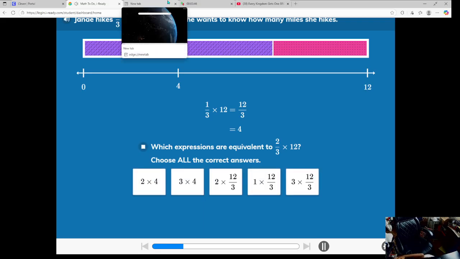Which expressions are equivalent to 2/3 times 12?